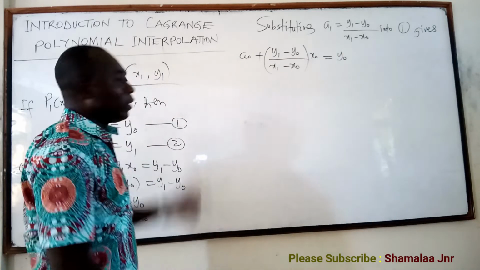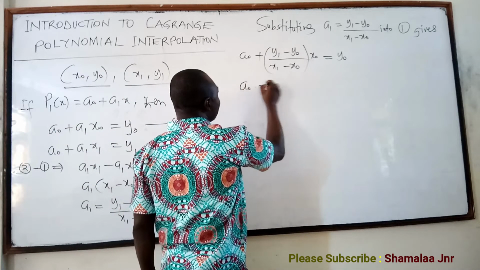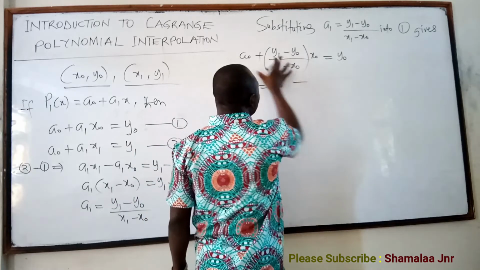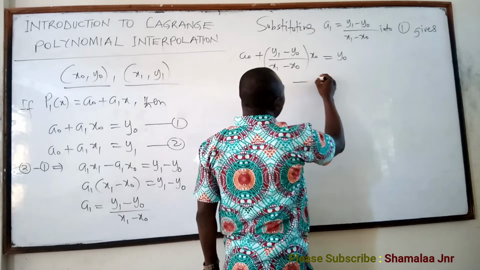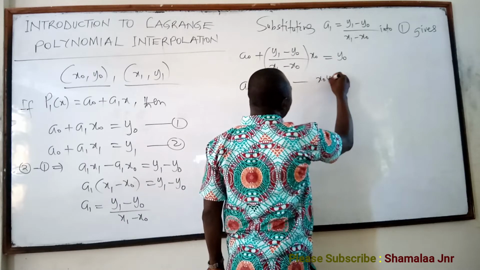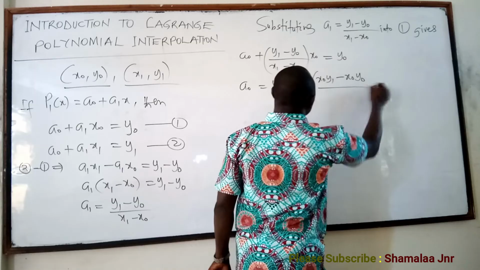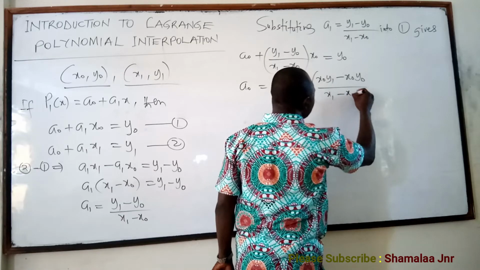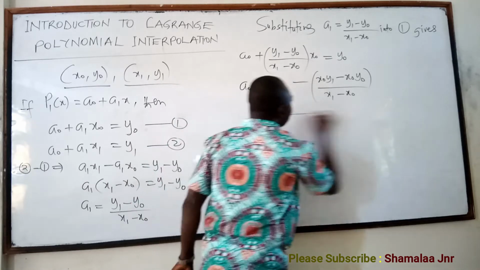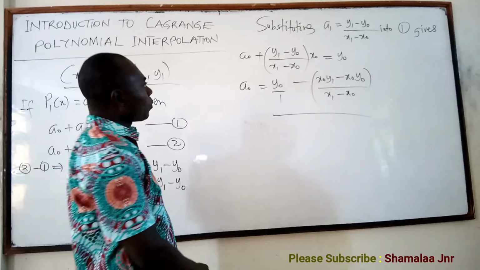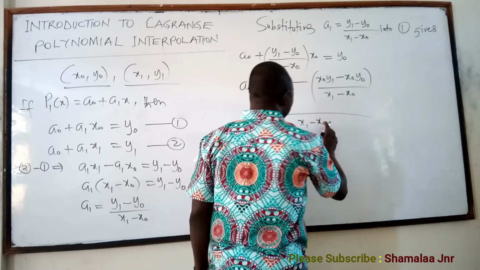Now we are going to solve for a0. We want to make a0 the subject. So this will straight away become a0 is equal to y0 minus the whole of this, which will go to the other side. So let's expand it before taking it to the other side. We're going to have x0 y1 minus x0 y0, all over x1 minus x0. Now don't forget y0 is the same as y0 over 1. So let's find the LCM here. If you find the LCM, you are going to have x1 minus x0.